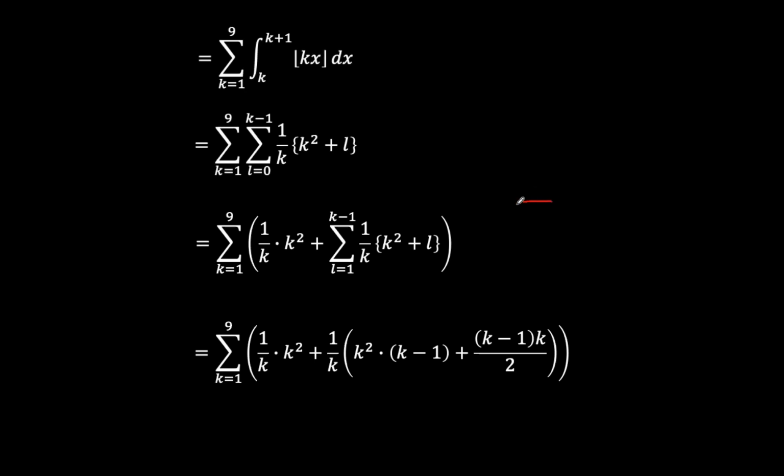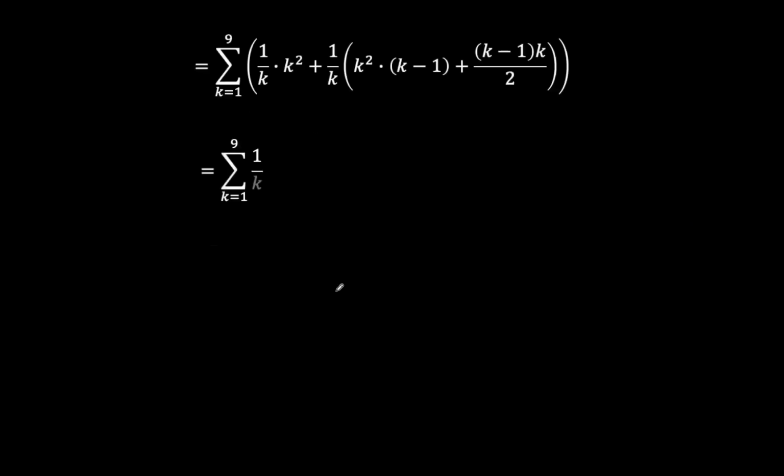The summation of L from L equals 1 to n is the same as n over 2 times n plus 1, right? And so n here is k minus 1, n plus 1 is k, all over 2. That's what we've done here, right?